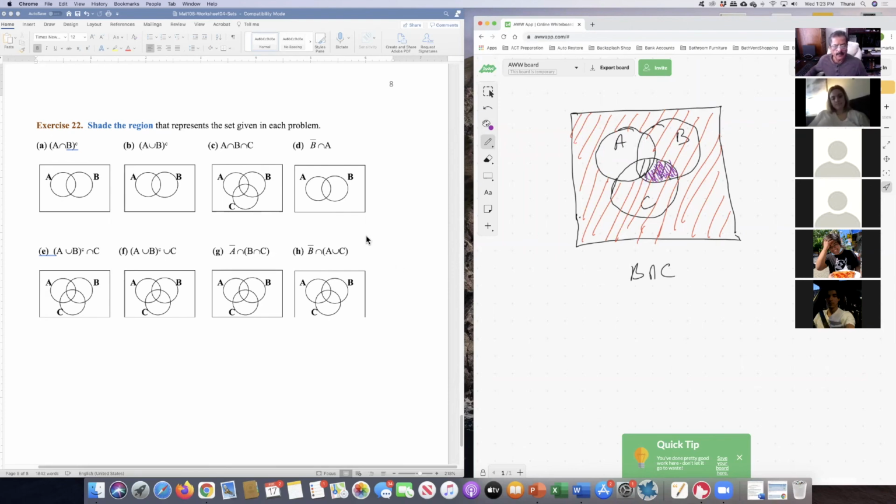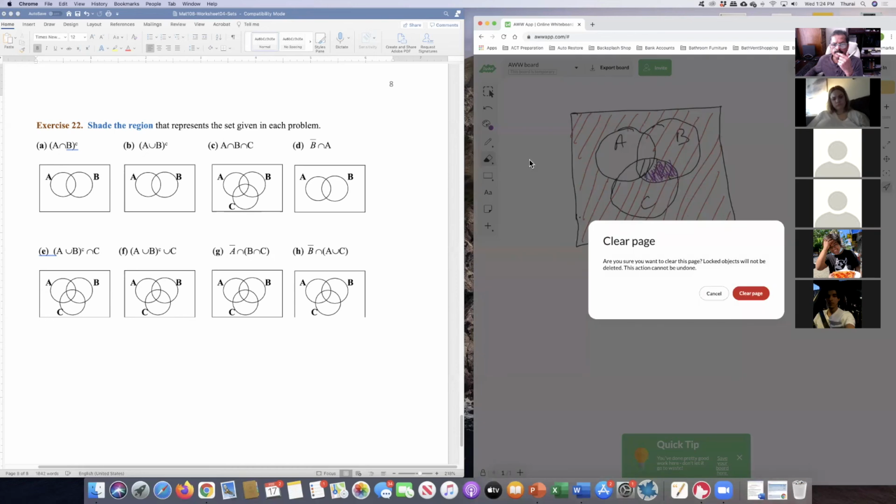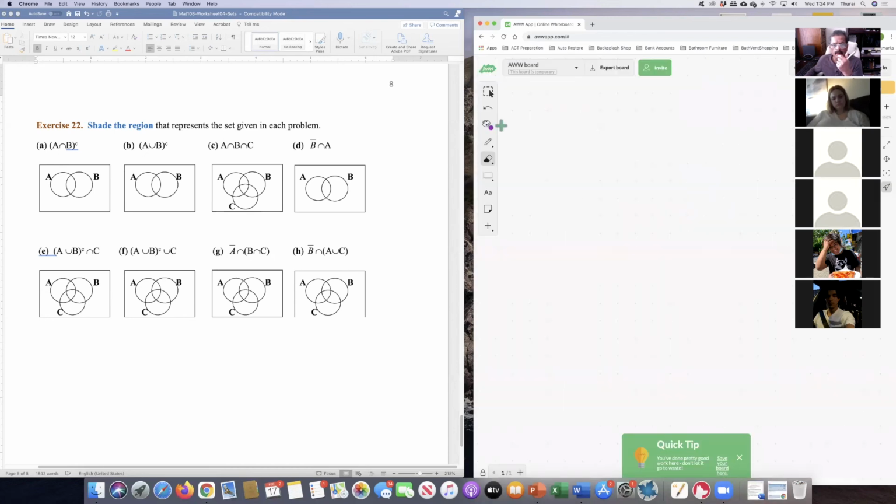Last question is B bar intersection A union C. Erase everything. Okay, A union C. Would it be the two circles of A and C shaded together?